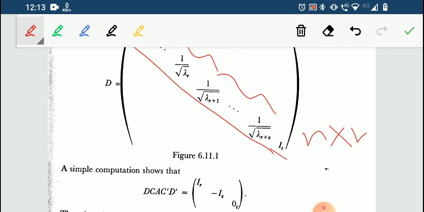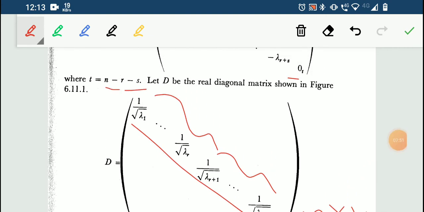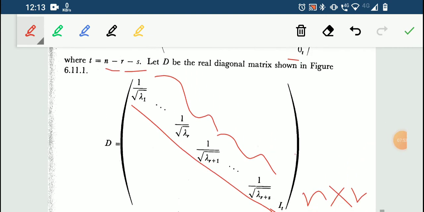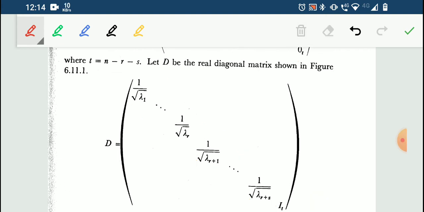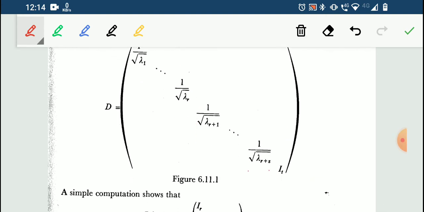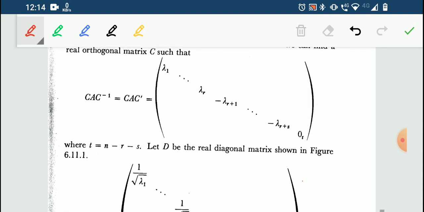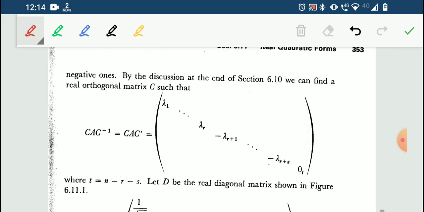So n minus r minus s will give me this t. That many zero rows should be there here, so these many zeros, 0t.